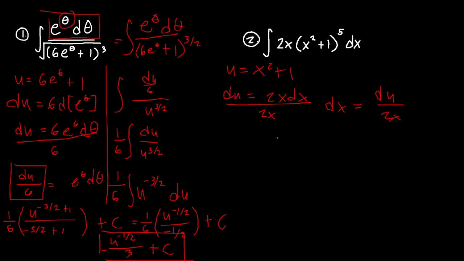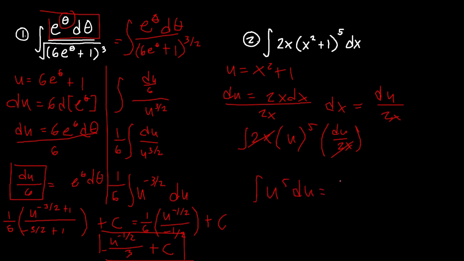And now we can rewrite this as 2x times u to the power of 5 du over 2x. Then we can cancel 2x and you are left with u to the power of 5 du.